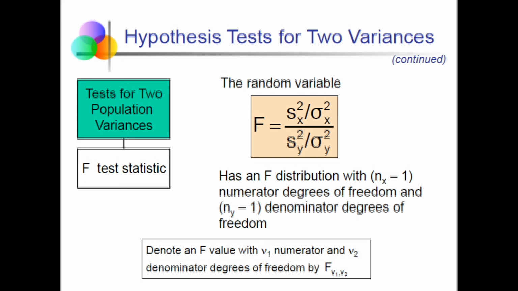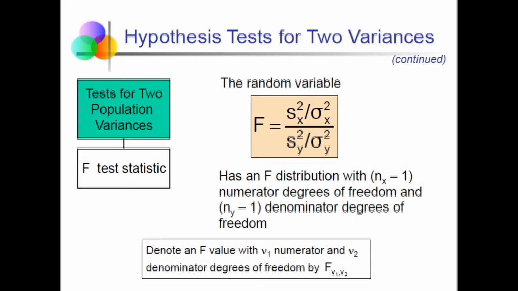The F table was attached to your assignment too. So by now you have the F table. That is the table that we're going to be using. That is the F random variable.